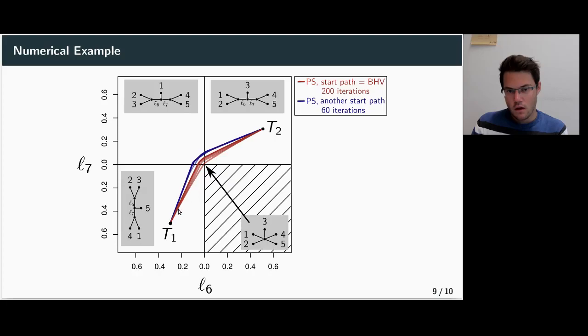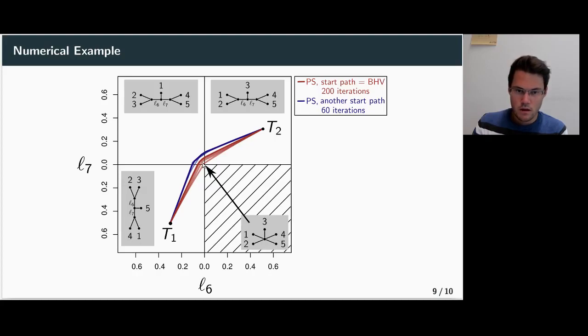This cone point here is then this 5-dimensional tree here, and this path here, this curve that goes with straight line segments through the origin, this is the BHV geodesic. And what we did is use this as a starting path and apply our iteratively updating path straightening algorithm onto this path.